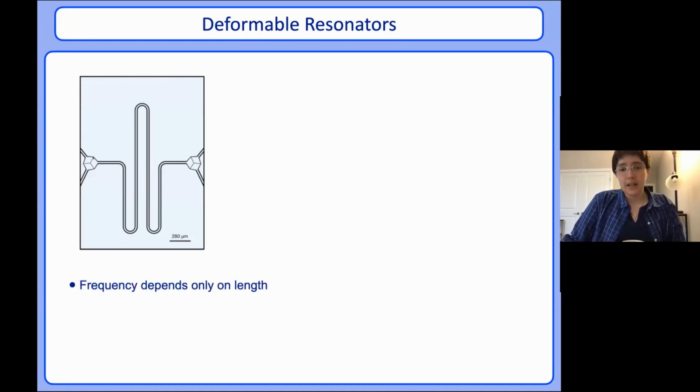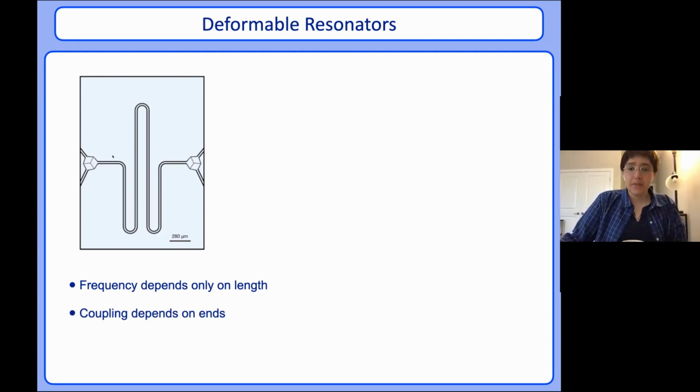Photons in here propagate along the waveguide and then bounce back from the ends. The resonance frequency is set by having constructive interference when you do that bounce back, so the frequency depends on the total arc length of the waveguide. Crucially, however, all of the hopping, all of the coupling comes from the ends. It doesn't have anything to do with what's going on in the middle of the resonator.